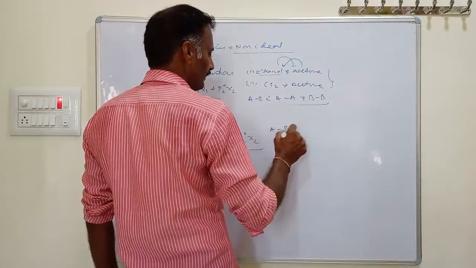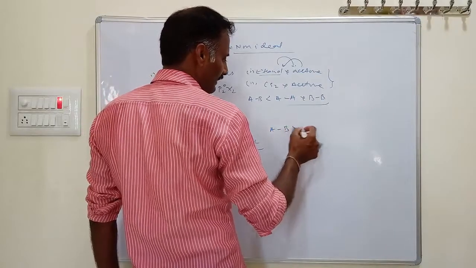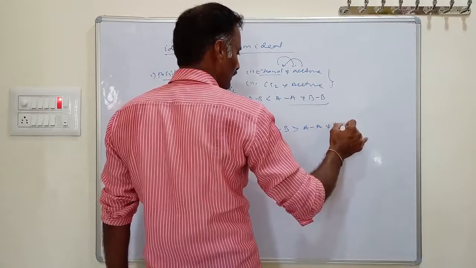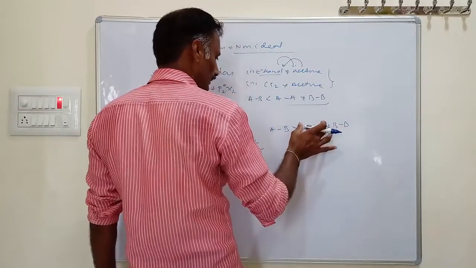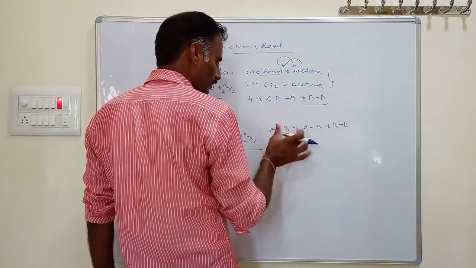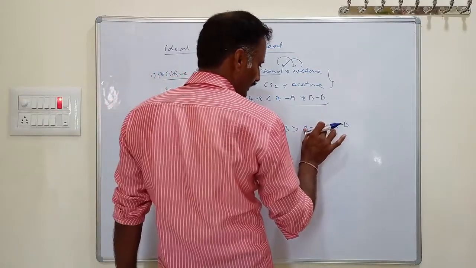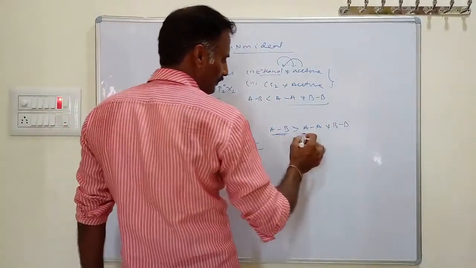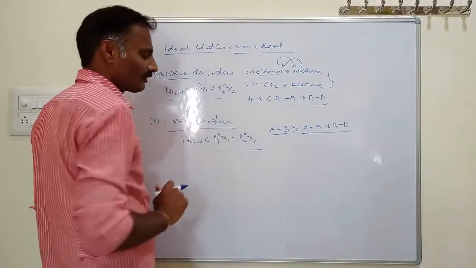This is mainly because AB interactions are greater than AA and BB interactions. Here AA is solute and BB is solvent. Solute-solvent interactions are more when compared to solute-solute and solvent-solvent interactions. This type of solution shows negative deviations from Raoult's law.